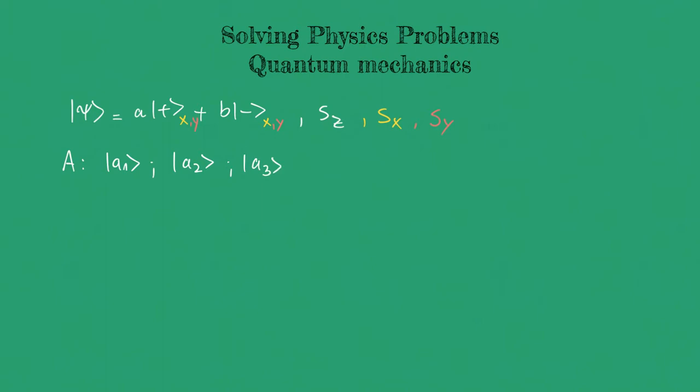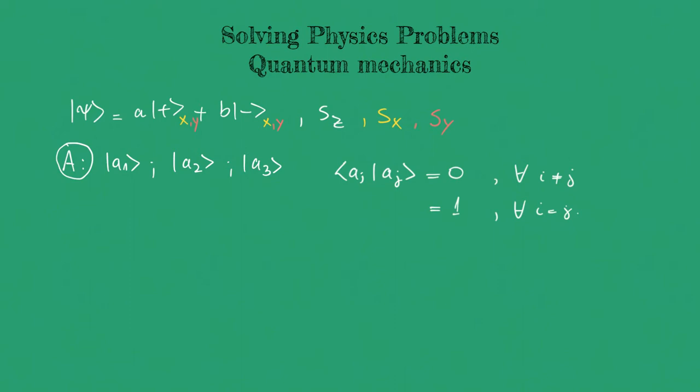And let's assume that these three quantum states form a basis of our system, which means that the inner product of ket A subscript I with ket A subscript J is equal to 0 for all I different from J, and it's equal to 1 for all I equal to J. A quantum state written in terms of the eigenstates of the operator A is said to be a general quantum state, since A can be anything.